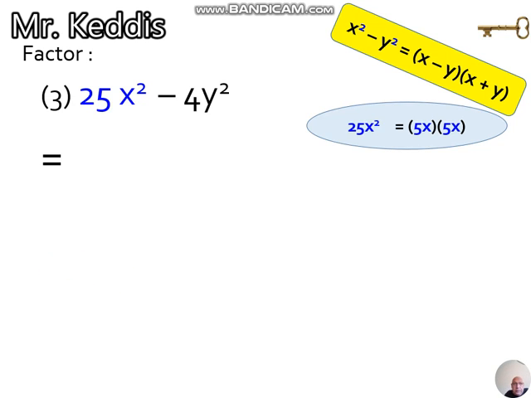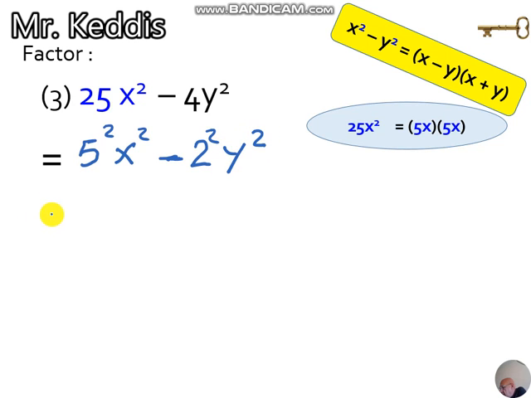Next, 25x squared means 5 squared x squared, minus 4, which means 2 squared y squared.